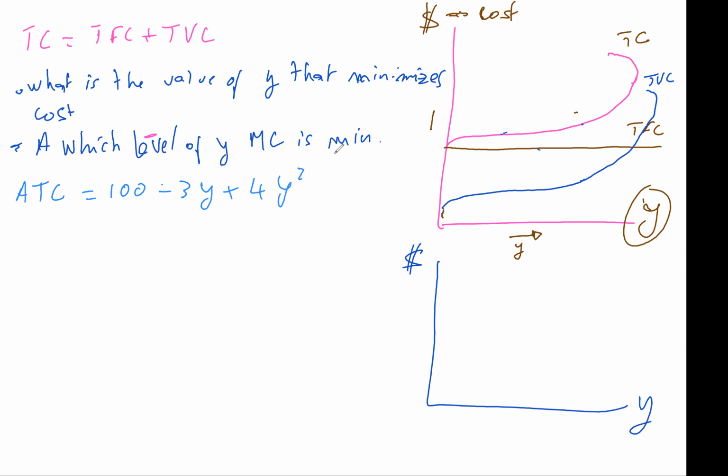First question: what is the average variable cost? Correct, it's average total cost.